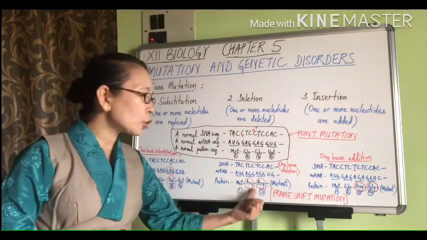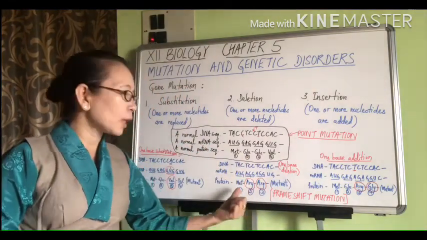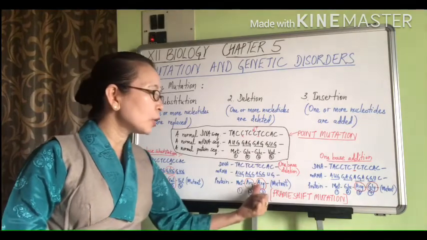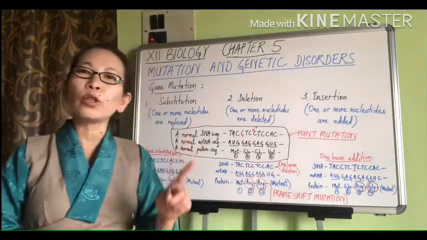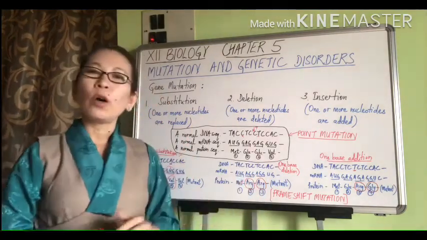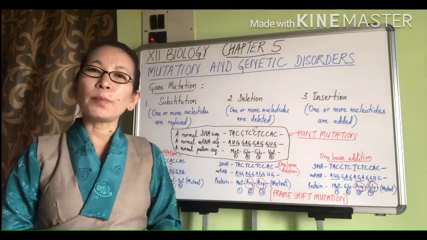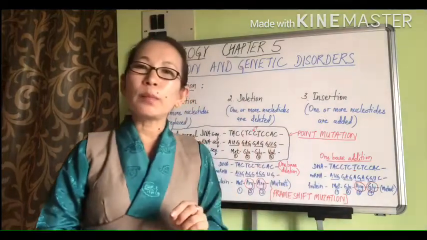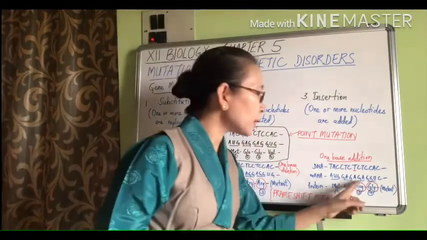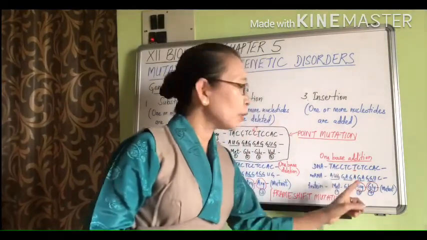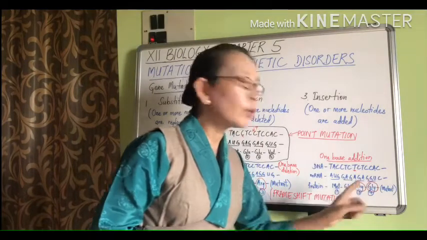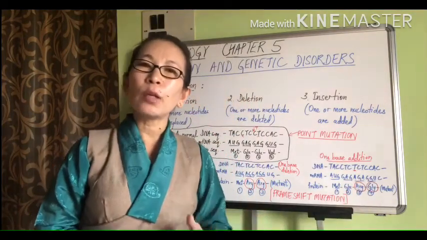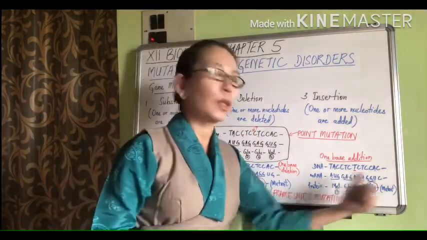So with the deletion of one base, it has resulted in a complete change in the codon from the point of deletion of that particular nucleotide or base. Likewise, the addition of a single base or insertion of a single base, from the point of insertion, we can see that the entire reading frame, the entire codon sequence got affected.